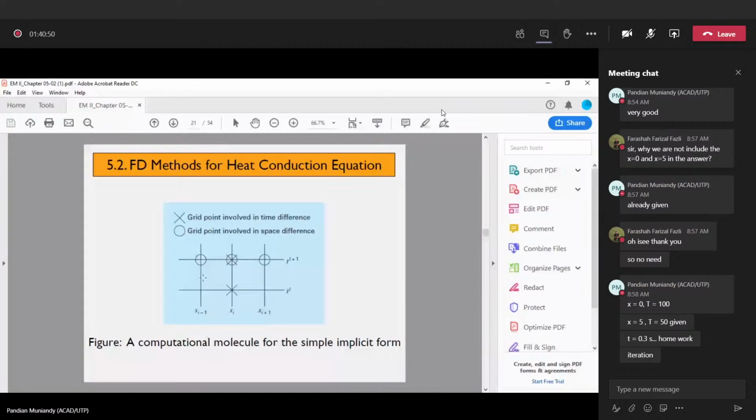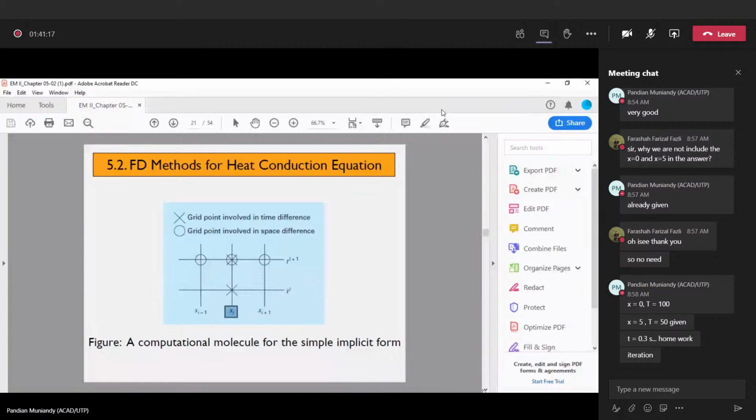Distance is the y-axis, xi minus 1, xi plus 1, but the x-axis now is t superscript L, and the next level is t superscript L plus 1. This is what we call the grid point. The intersection is here, and this is the one where you find the T at L plus 1 at the current xi.